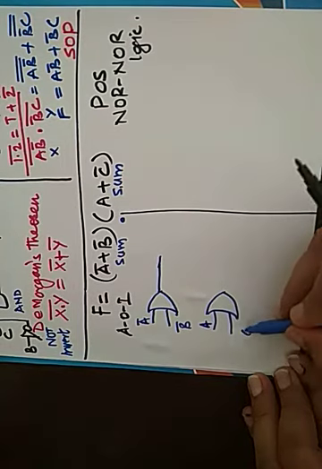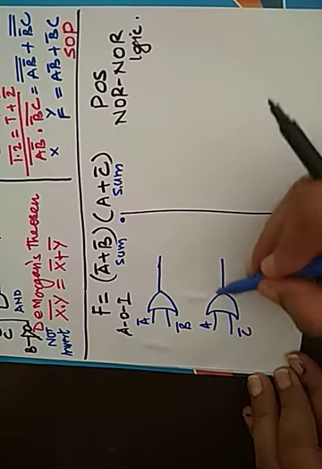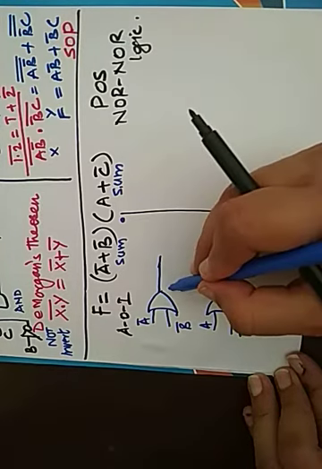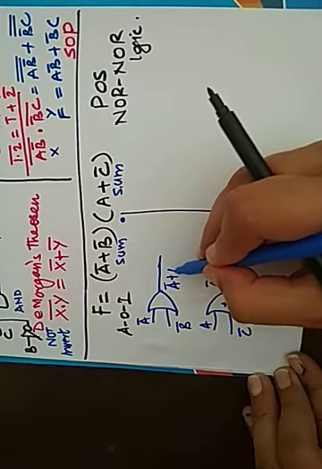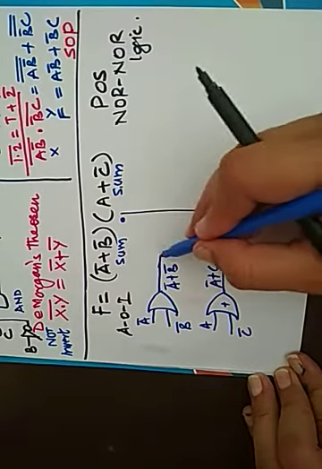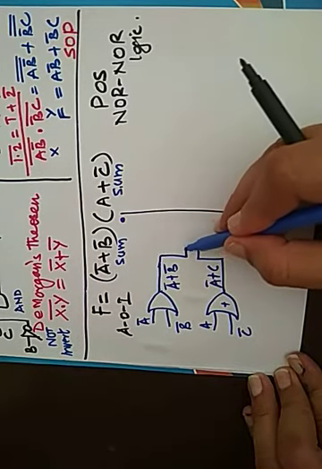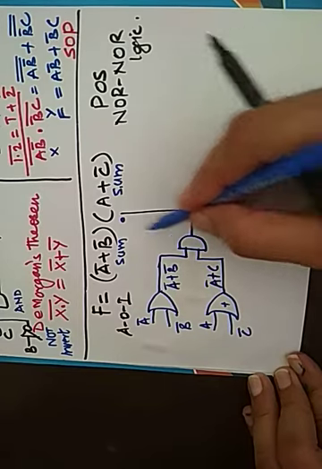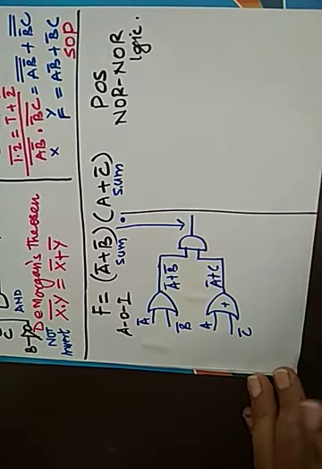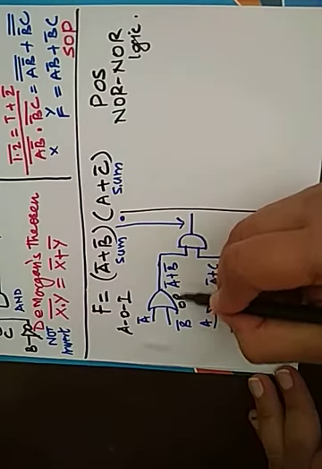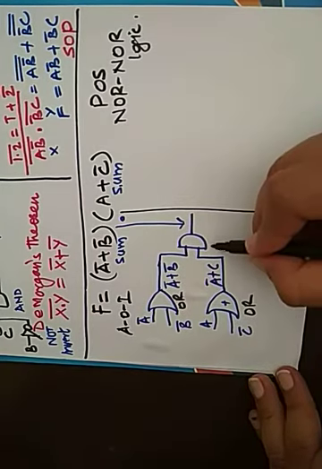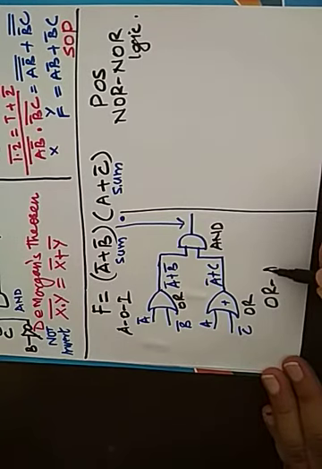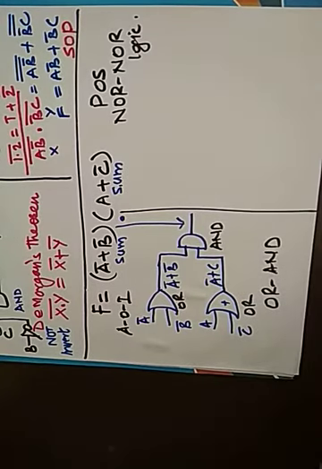So A, C bar. This gate is producing A bar plus B bar, and both are being ANDed. So it is followed by an AND gate, and here you get the function. So this is OR-AND, and we call this the OR-AND implementation.